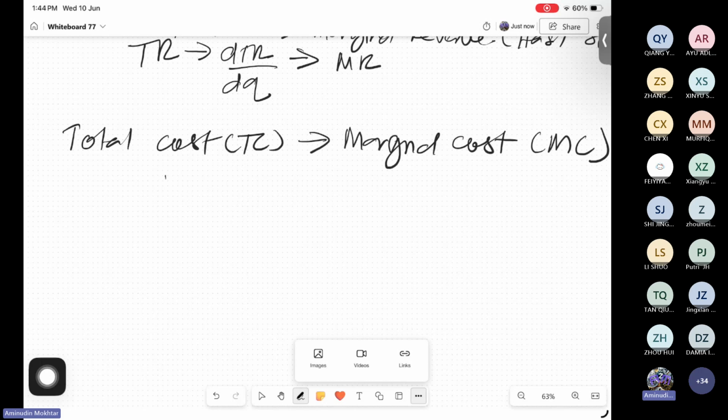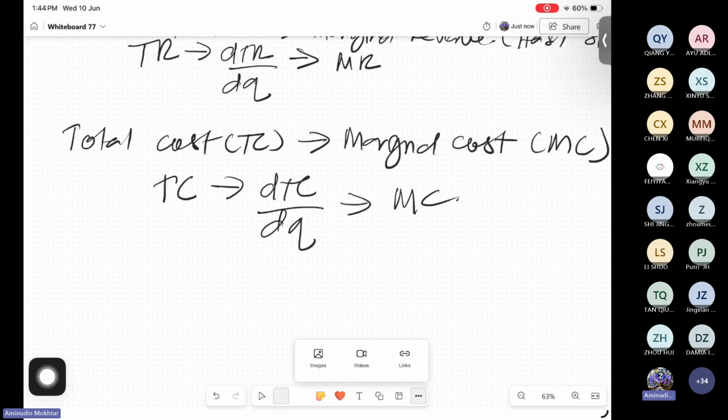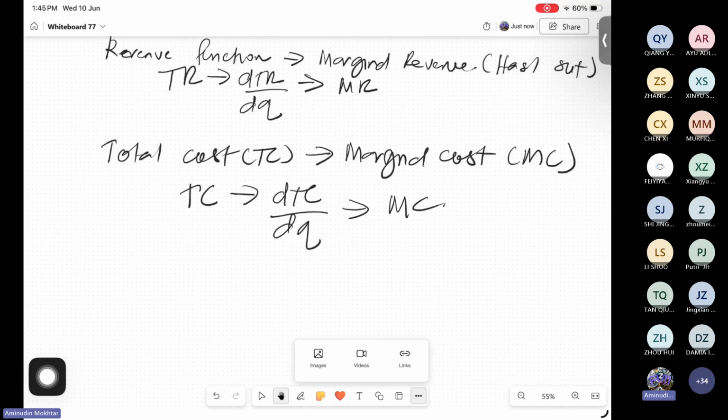And from total cost, the first derivative of total cost, dTC/dQ, gives us the MC. That is the first connection between total revenue and marginal revenue, and total cost and marginal cost, TC and MC.